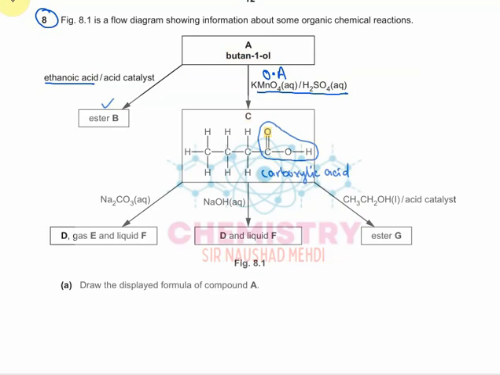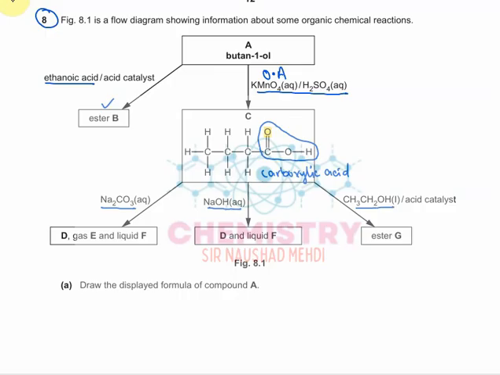Then the flow chart continues: this compound C, the carboxylic acid, is reacting with sodium carbonate. Similarly, it is reacting with NaOH also to give the products D and F, and it is then again reacting with CH3CH2OH.